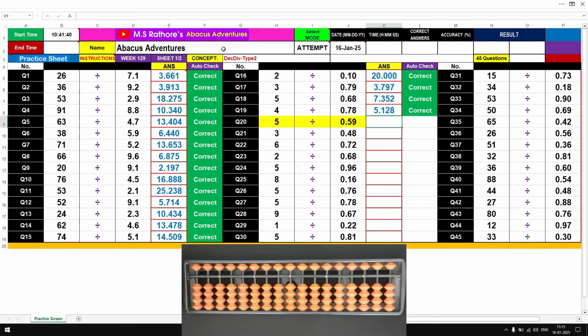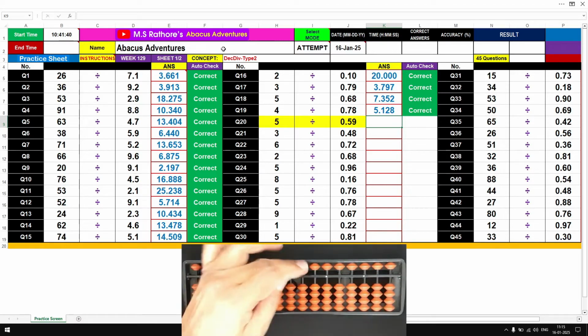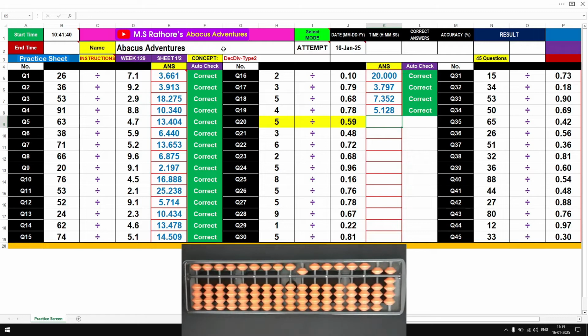Question number 20, 5 divided by 0.59 or 5 divided by 59, because I have placed the dividend correctly on rod number 0.